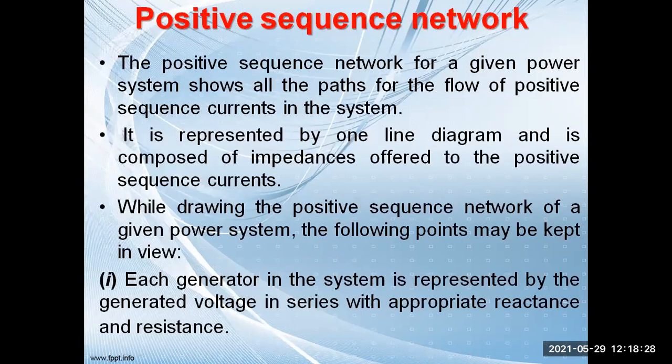Now, what is the positive sequence network? We have to understand the representation of the network. The positive sequence network for a given power system shows all the paths for the flow of positive sequence current in the system. It is represented by a one-line diagram and is composed of positive sequence currents.